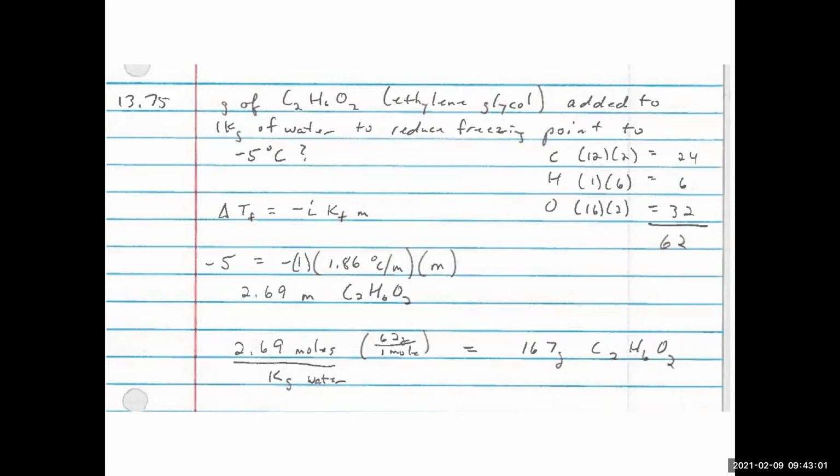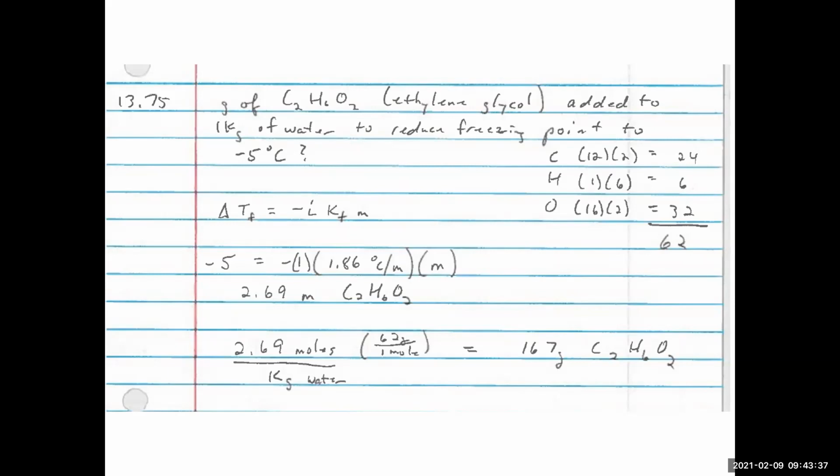By definition, molality is moles of solute per kilogram of solvent. If we want to then calculate, as we were told, we're looking at 1 kilogram of water up in the beginning. And so if we want to find out how many grams of the ethylene glycol that represents, we can take 2.69 moles, multiply it by 62 grams, which was the molecular weight, divided by 1 mole, and we get a value of 167 grams of ethylene glycol.